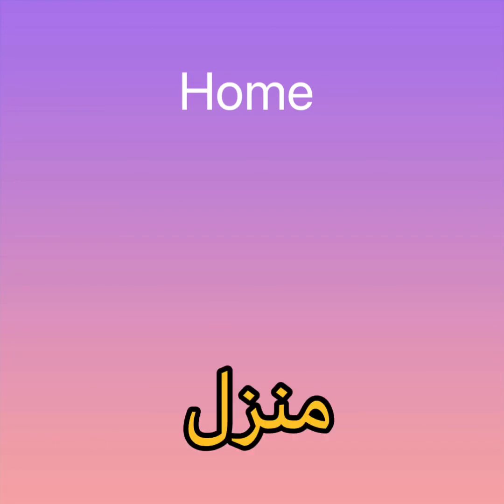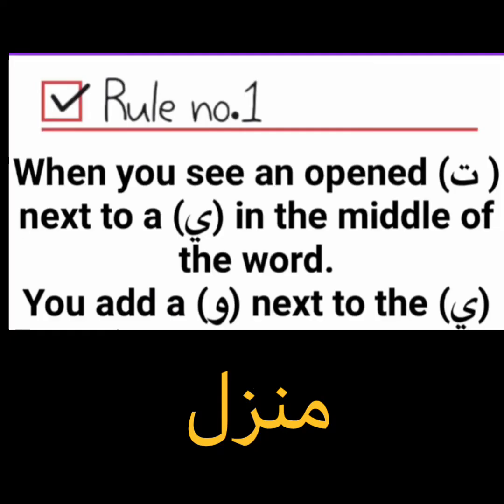Now let's practice more examples. Home could also mean منزل. So how can I make this plural? Let's do it one by one by seeing the rules. So rule number 1. Our example is منزل.